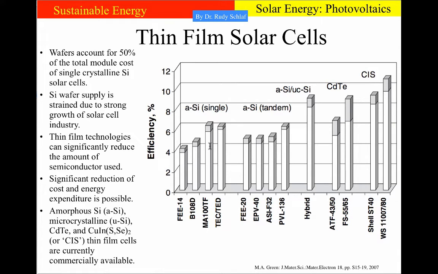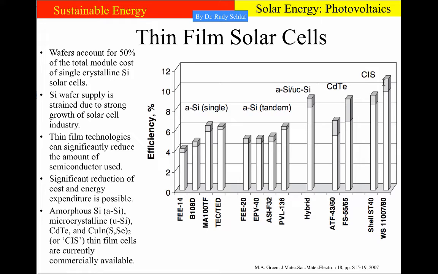Here on this graph we see a comparison between a few key materials. There is amorphous silicon. They have about an efficiency between 4 and 6%. Then there is microcrystalline silicon, which has about 8%. Cadmium telluride is similar, and then there is cadmium indium sulfide that is at about 10%.